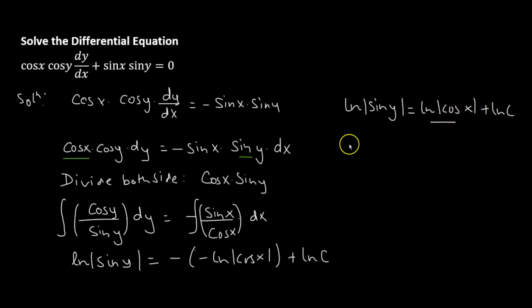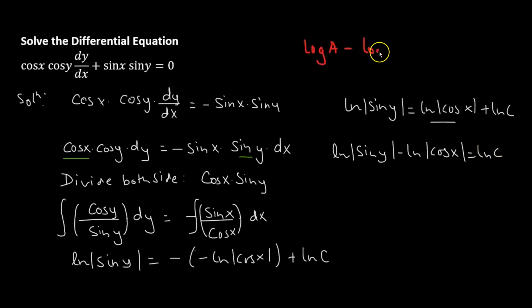We'll take this term to the left hand side and combine it with log of sine y. We are going to use a property here, so let me note down the property. If we have log of a minus log of b, that will be equals to log of a over b, and this works for natural logarithms as well.